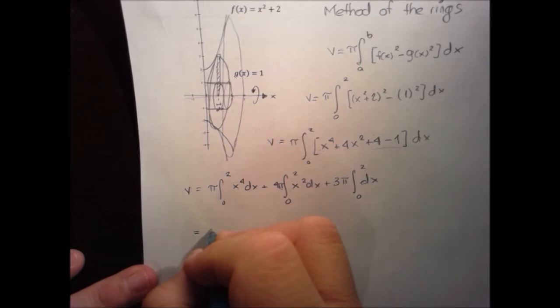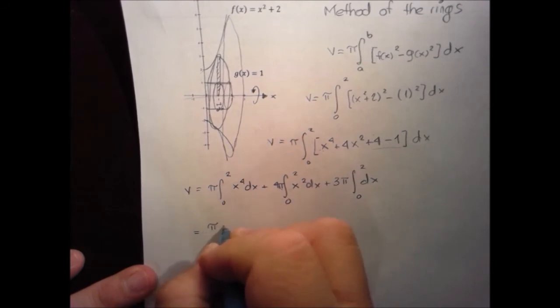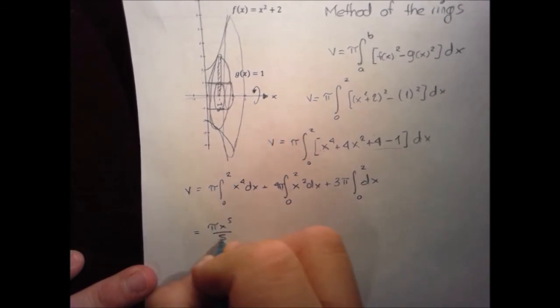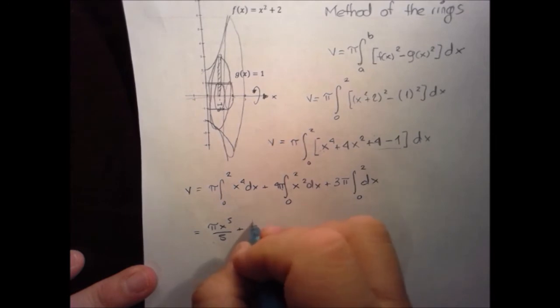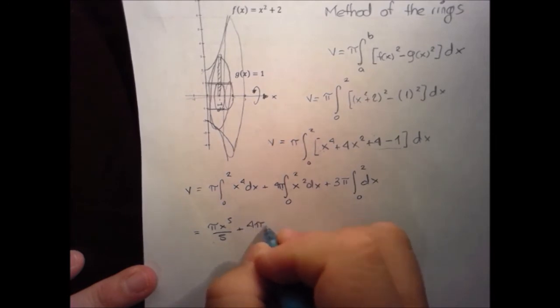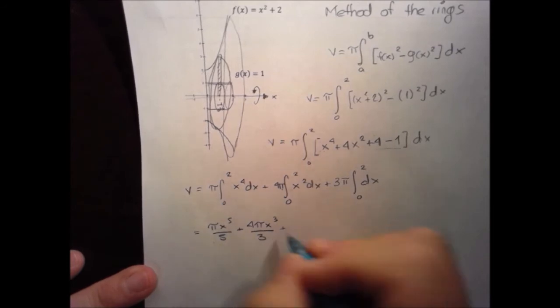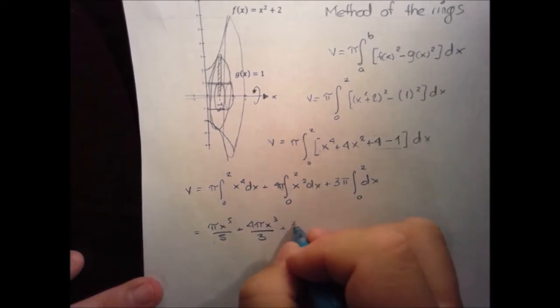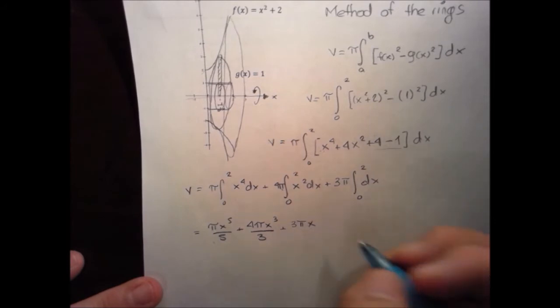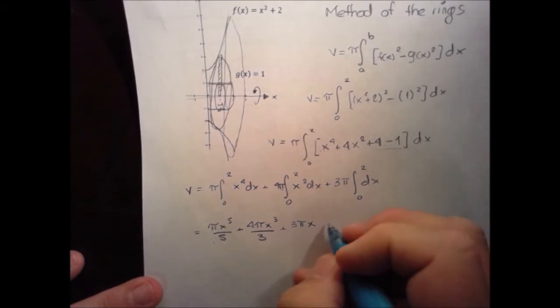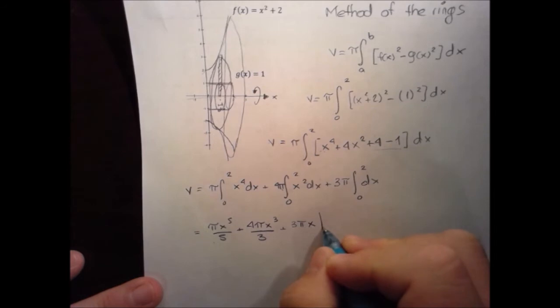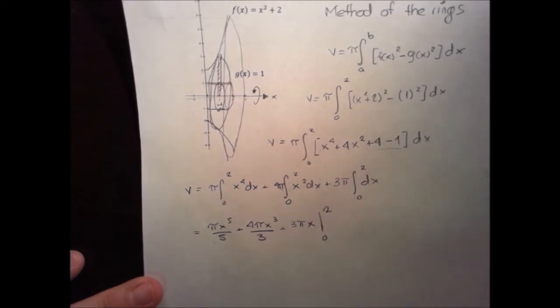Here we're going to have the result. The first one is going to be pi times x to the 5 over 5, plus 4 pi times x cubed over 3, plus 3 pi x. Okay, and everything is going to be evaluated from 0 to 2.